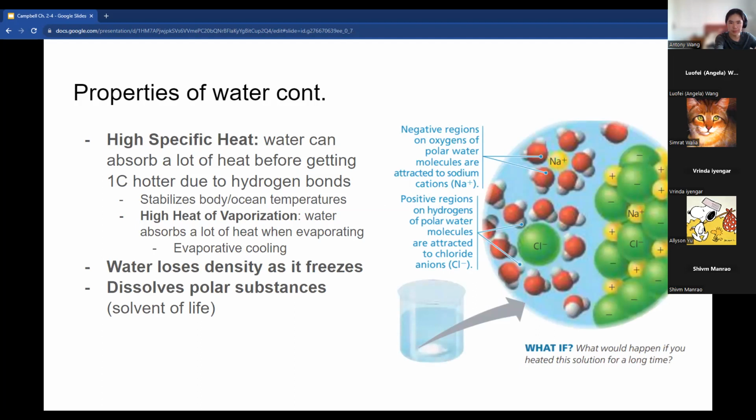Does pure water evaporate faster than impure water or different solutions? I would say yes. Hold on. I would say pure water does evaporate faster because there's less things for it to hold on to.